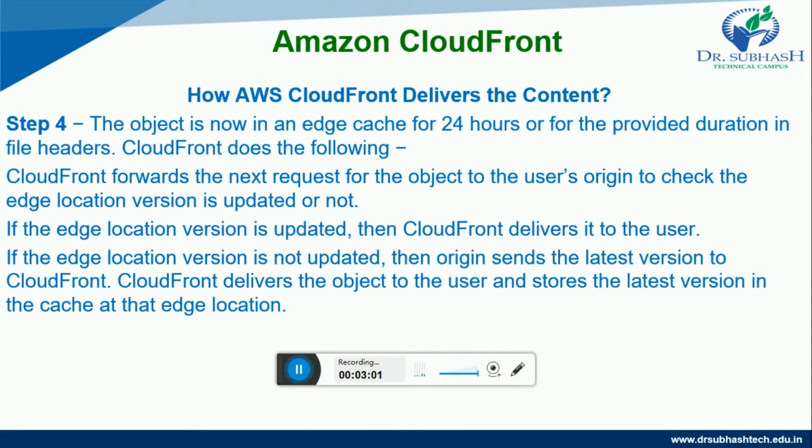If the edge location version is updated, then the CloudFront delivers it to the user. If the edge location version is not updated, then origin sends latest version to the CloudFront. CloudFront delivers the object to the users and stores the latest version in the cache at that edge location. So friends, this is step 4.